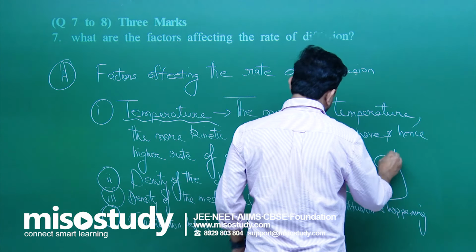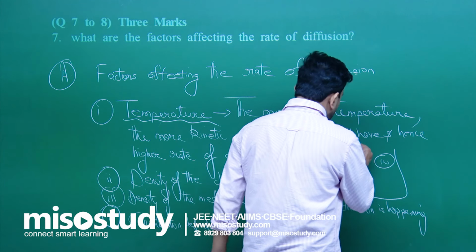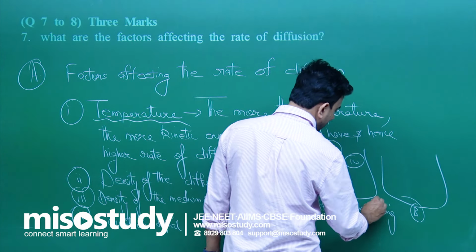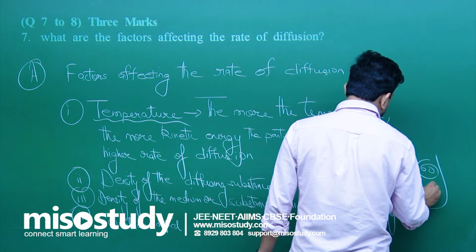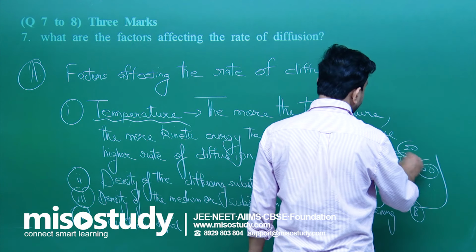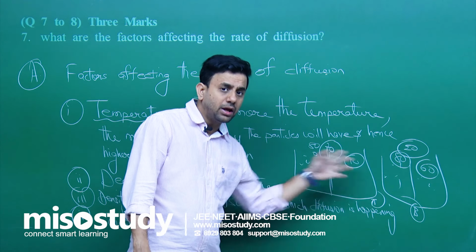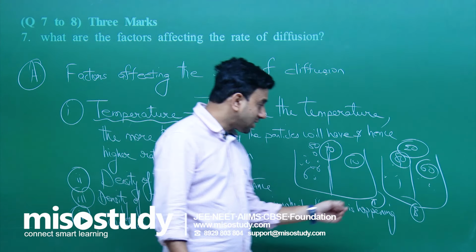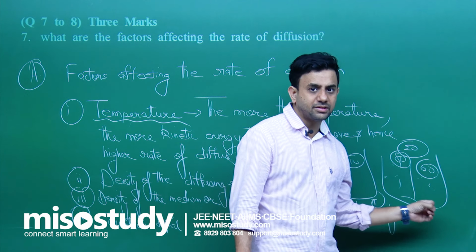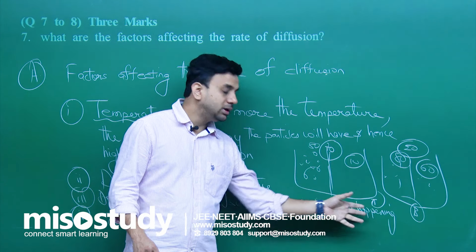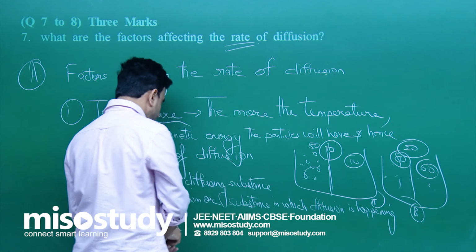Say this is another example B, and this is A, and there are 80 particles here, but here it is 60. So the diffusion pressure deficit is 20. The rate at which diffusion is happening in A is much more than in B, because here the deficit is more, and hence the diffusion rate will be more. So these are the factors affecting the rate of diffusion.